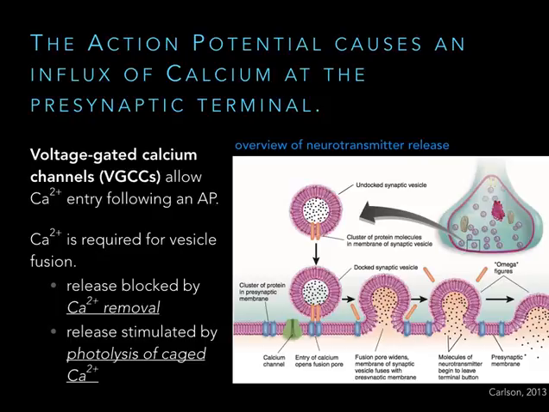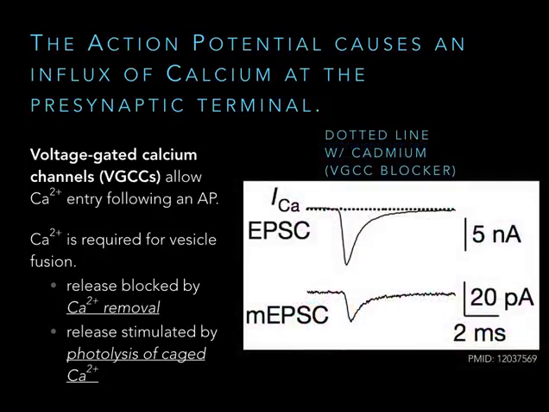We know that this is absolutely dependent upon calcium for a couple of reasons. If we remove calcium or we block voltage-gated calcium channels, we don't get those excitatory postsynaptic currents. What I want you guys to look at here is just that top trace. EPSC means excitatory postsynaptic current. Excitatory means that it's going to cause the neuron to be excited. It's going to depolarize it closer to threshold.